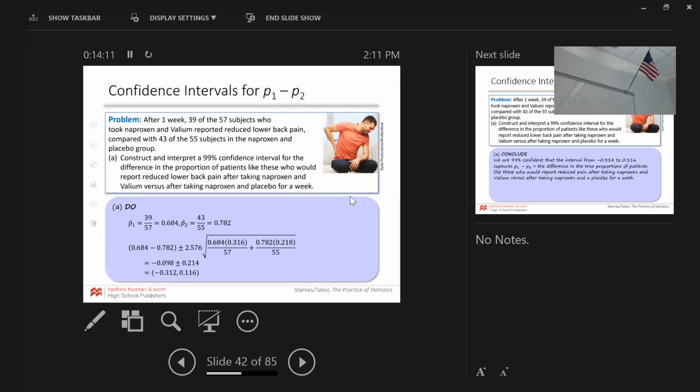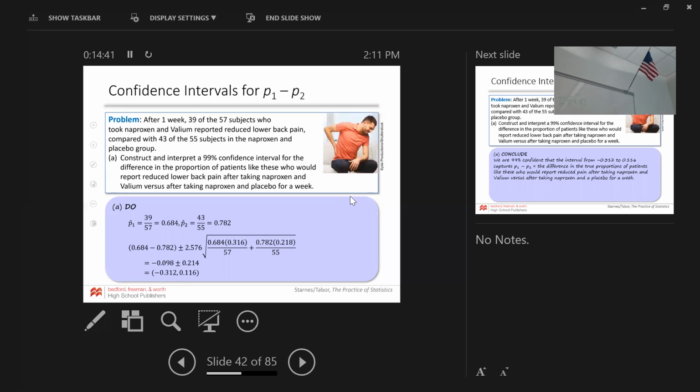Now think about this. What number are we looking for in the confidence interval? Looking for 0. Because if 0's in there, there was no difference. Yes? And if 0's in there, you fail to reject.